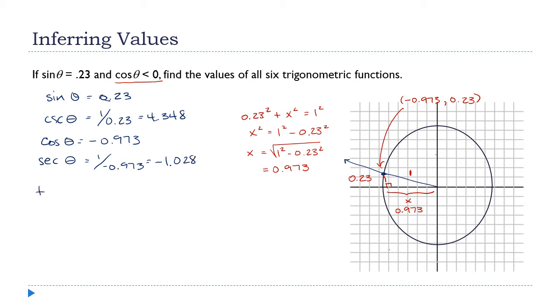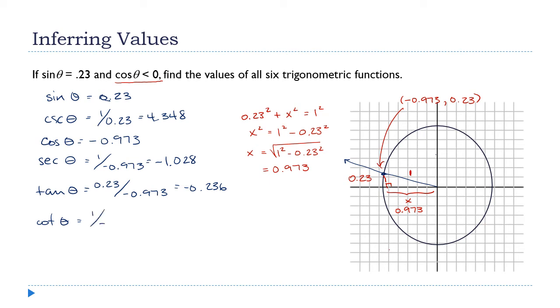The tangent, it's kind of all downhill from here. The tangent is the sine over the cosine. So that's 0.23 divided by negative 0.973, which is negative 0.236. And the cotangent is 1 over the tangent.